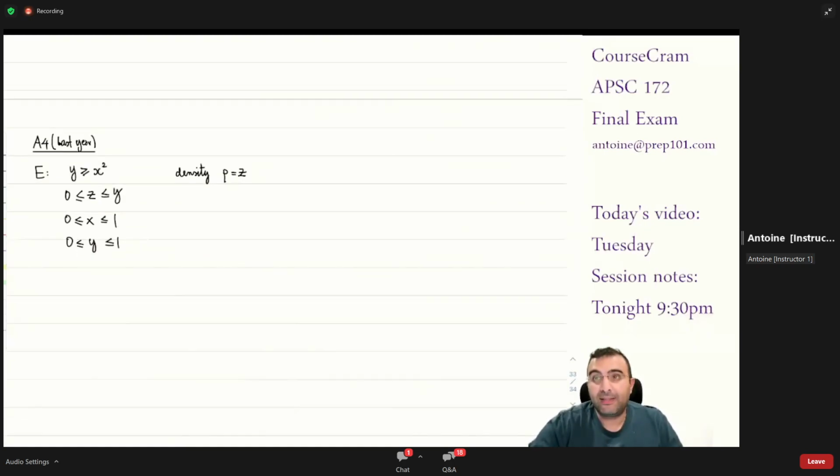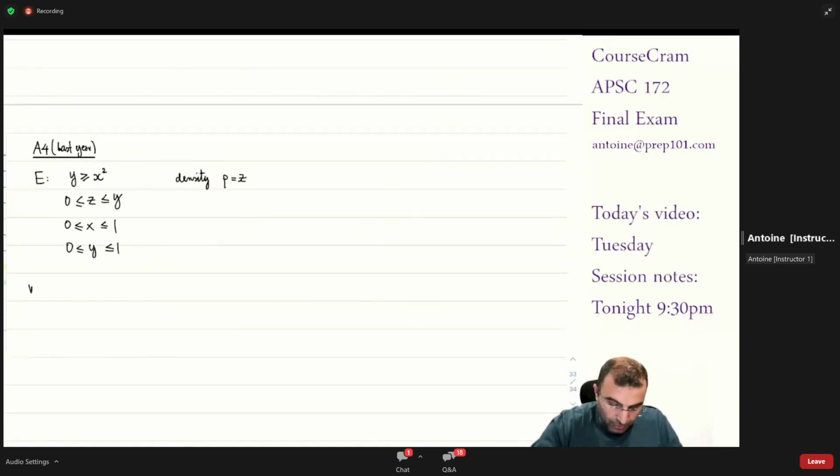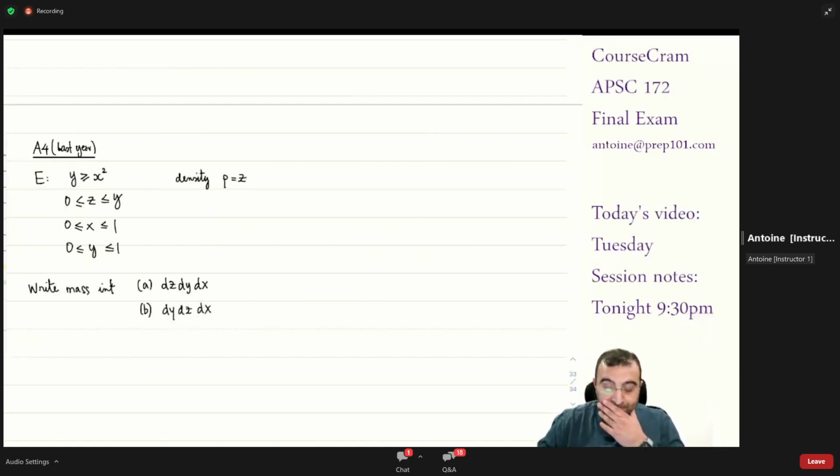They ask us to write the mass integral. So in part A we're going to write the mass integral with dz, dy, dx, and part B with dy, dz, dx. So that's fun.